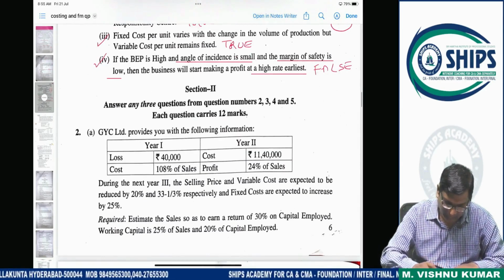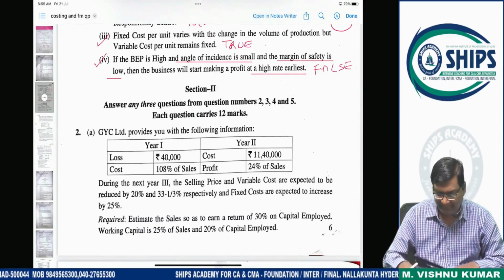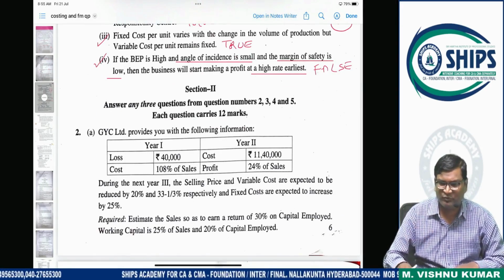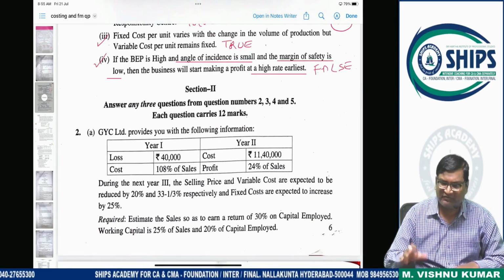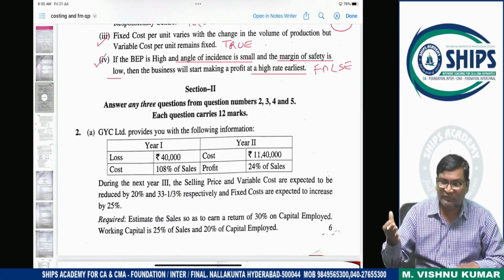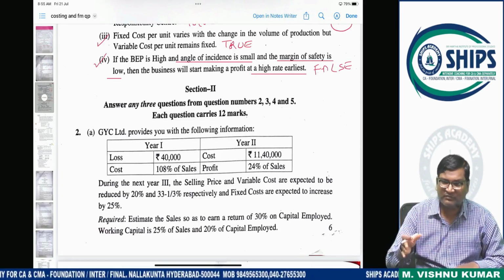For this section 2, I will prepare a separate video because it will take time. I already solved the questions, but today is your last paper, group 2, so don't watch this. After your exam only, you should watch this. So in the part 2 video, all this I already solved. FM also I solved, costing also I solved. So 100% correct answers.